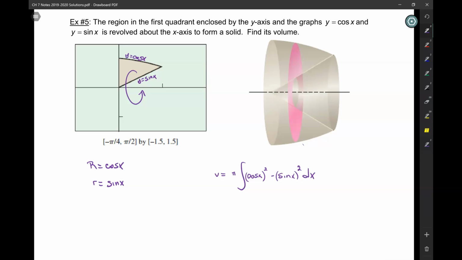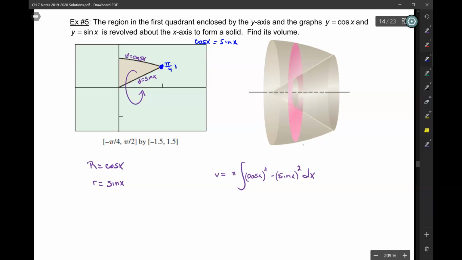Now, about the intersection point. This is a no calculator problem when it's cosine and sine. About the intersection point. We want the point where cosine x is equal to sine x. And we know, right, that in those triangles, cosine and sine have the same value at x equals pi over 4, right?